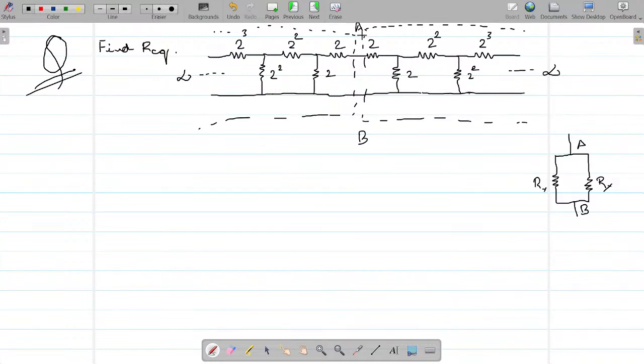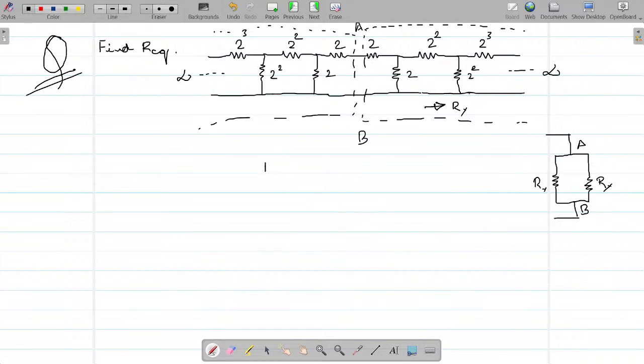I have also told you that this resistance and this resistance are similar in nature. So is it justified if I denote this as equivalent to this? Can I say that? Now, what is it asking us? It is asking us R equivalent.